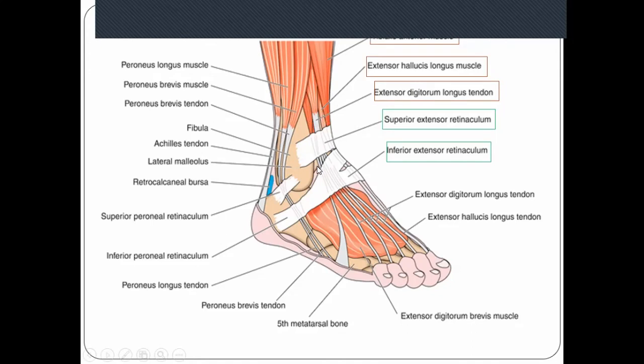All the things are not clearly seen here, but you can see the tibialis anterior muscle and tendon, extensor hallucis longus muscle and tendon, extensor digitorum longus tendon, those things.